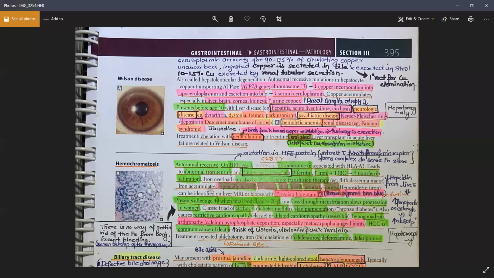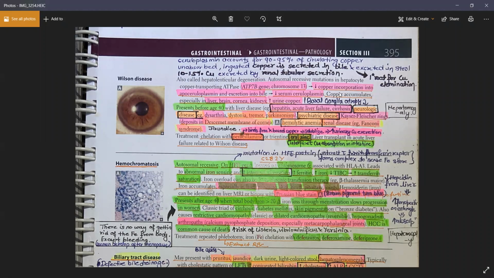So 95% of the copper is excreted with the help of the bile, and you require this enzyme to incorporate the copper into the bile. If the enzyme is defective, the copper cannot be incorporated into the bile, and as a result, the excretion of the copper is also decreased. So you'll be having a very low level of ceruloplasmin and a very high level of copper, right?